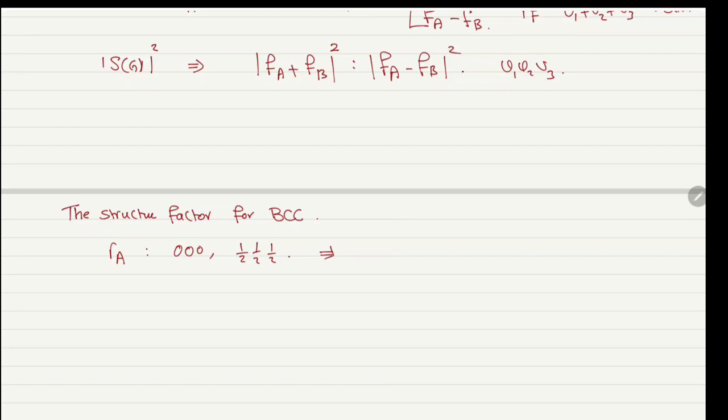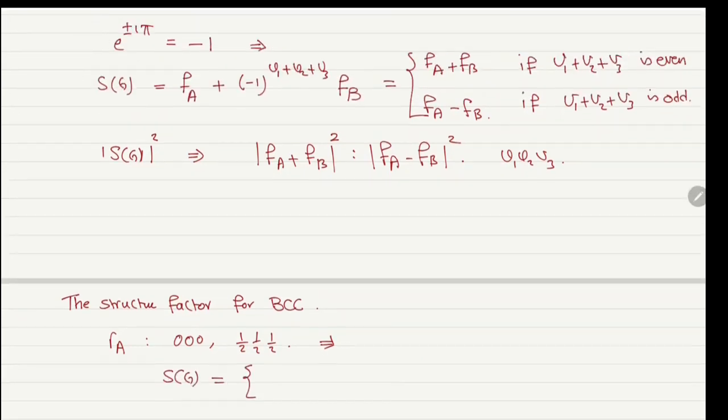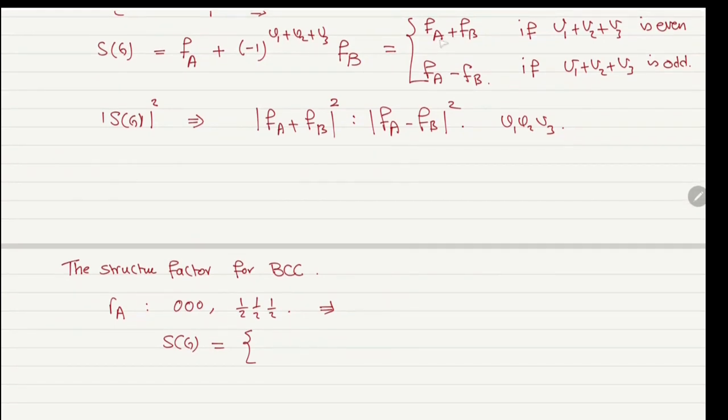If we substitute this back in the structure factor formula, S_G is equal to the same result as in cesium chloride, but f_A is the same as f_B, so f plus f equals 2f, and f minus f equals 0. So S_G equals 2f if and only if v1 plus v2 plus v3 is even, and 0 if and only if v1 plus v2 plus v3 is odd.